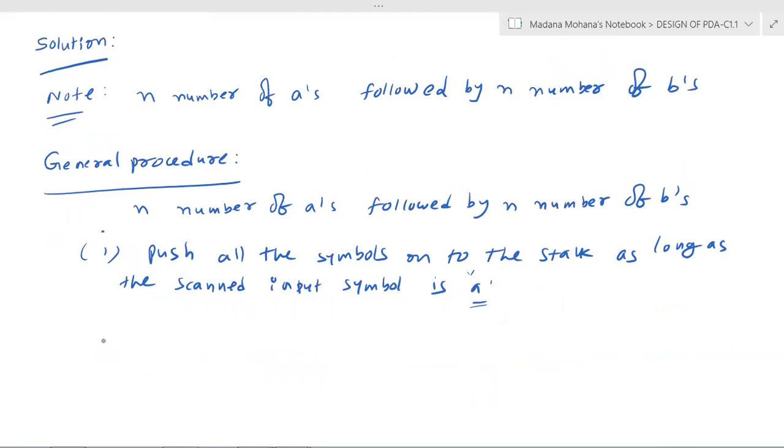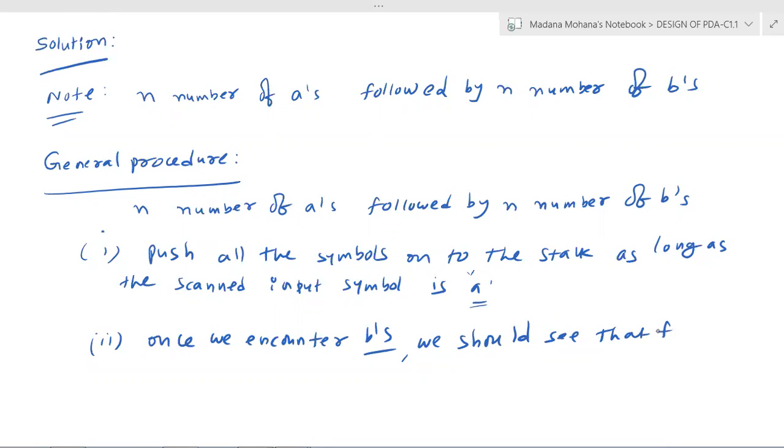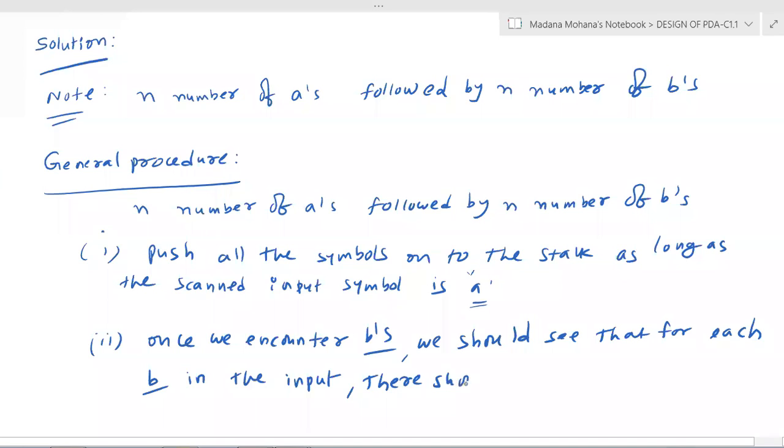So then, next, the second step: once we encounter the b's, then we should see that for each b in the input, there should be a corresponding a.